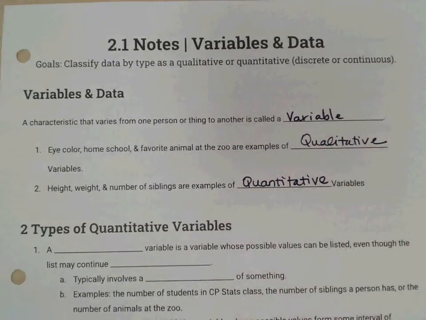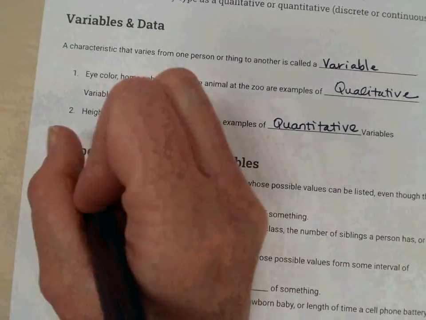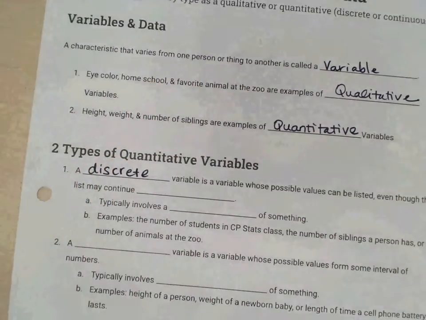Now we can further distinguish quantitative variables into two different categories. A blank variable is a variable whose possible values can be listed even though the list may continue blank. So that would be a discrete variable.